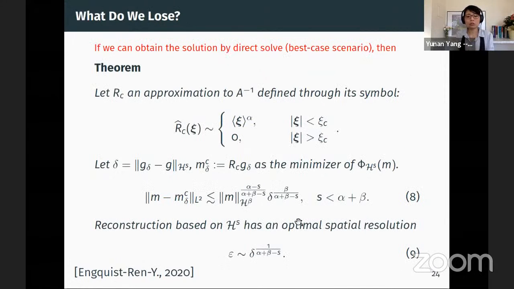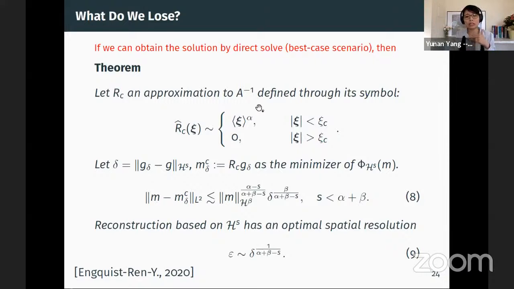First of all, let's look theoretically at what we lose by going for the Wasserstein distance or H^-1 norm. Here we have the strong assumption that we can approximate the inverse operator very accurately to a certain degree. This is a strong assumption because most of the time we won't be able to do that.